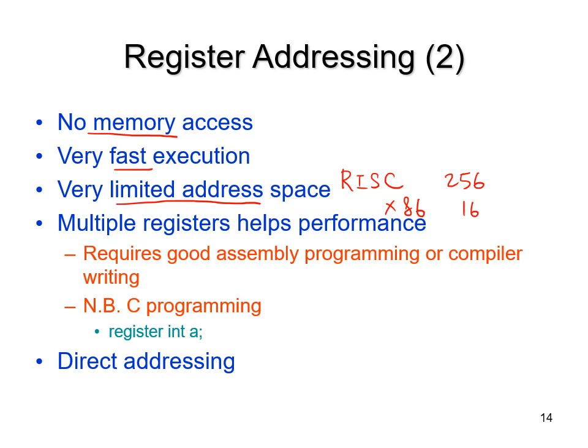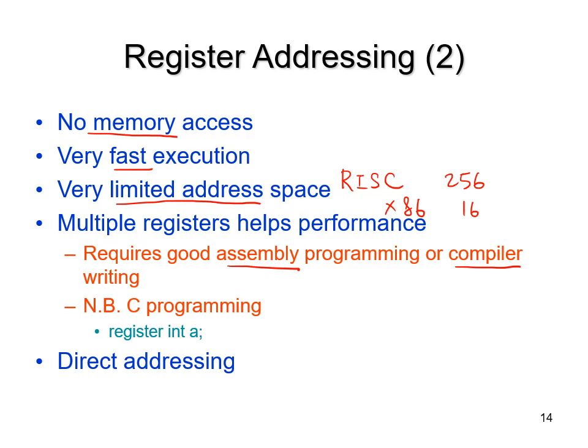You can see that the RISC architecture has more registers that can be used, and multiple registers can improve the performance. When you design your assembly language or even the compiler, you can use register addressing as far as you can in order to speed up your program, and you can instruct your compiler to write the data into the register.